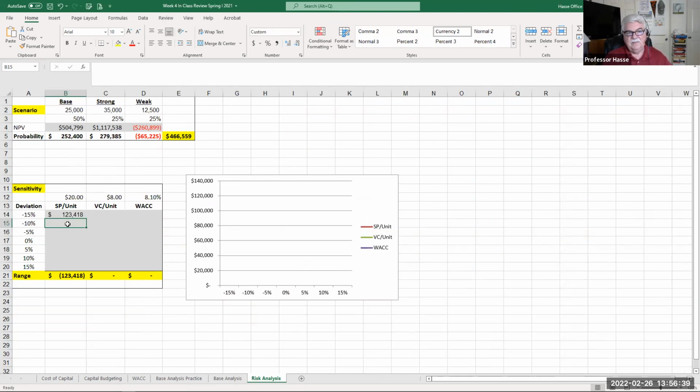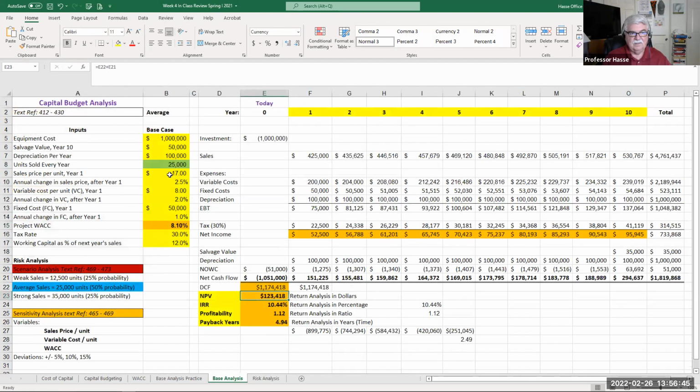What would be the NPV if I reduce selling price by 10%? Well, let's just go back to our variable of selling price and put that as $20 times 0.9, which is a 10% reduction in sales. We're now going to make $250,545 in net present value.